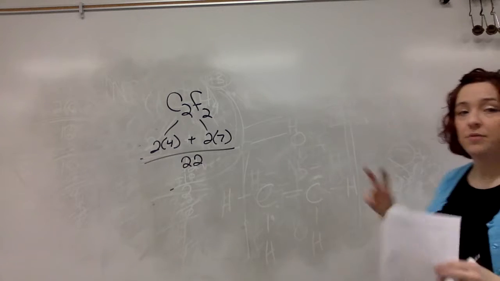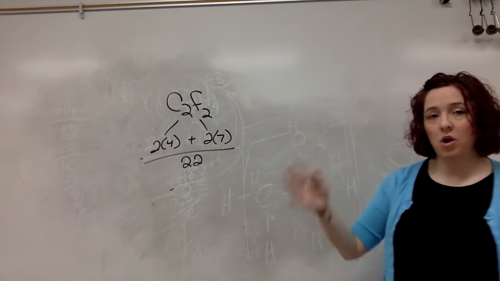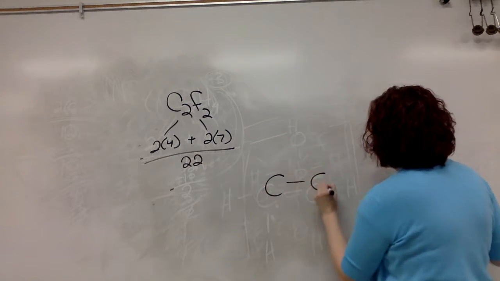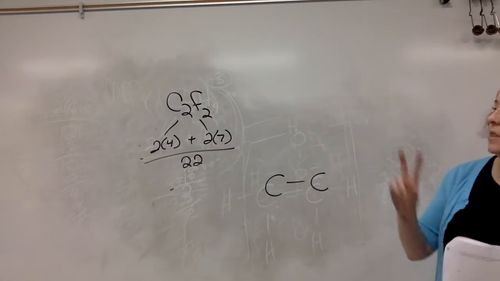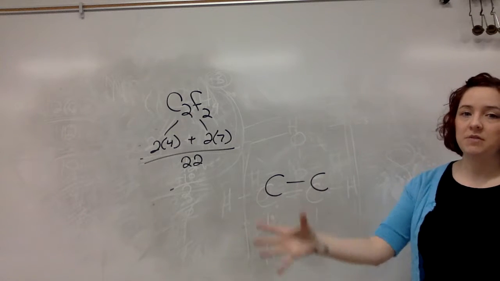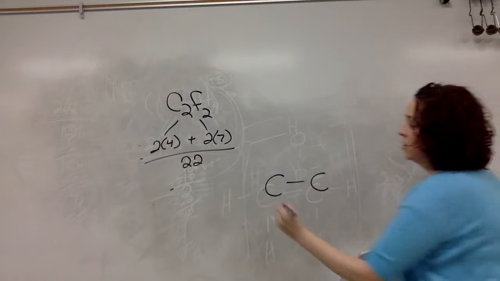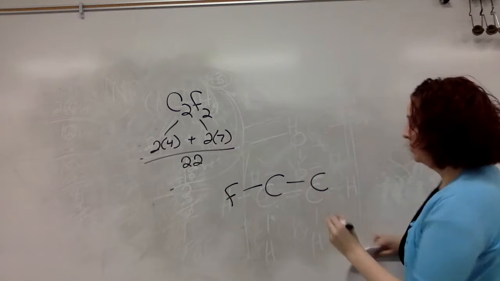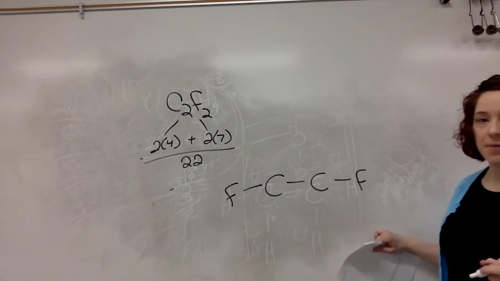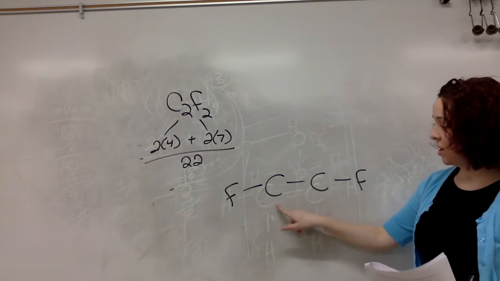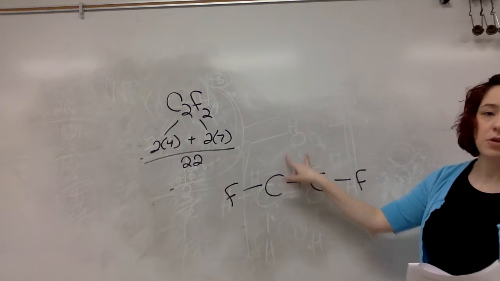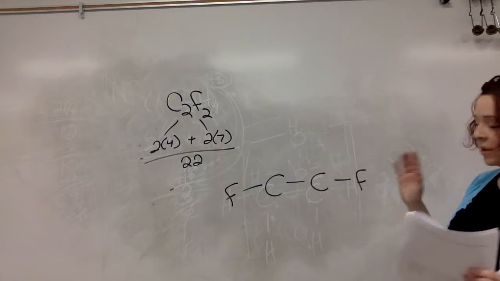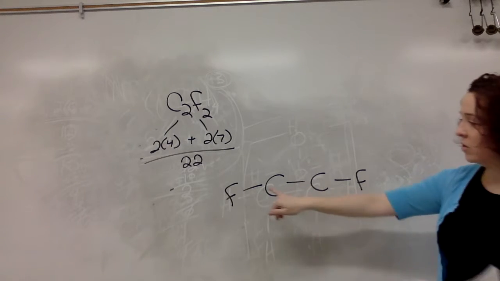Okay, so again, you have 2 carbons and 2 fluorines. Carbon, again, we're going to hook those together first. Those are our central atoms. And then we have 2 fluorines. Remember, they like to be evenly distributed between the 2 carbons. So we're going to do 1 fluorine on the left and 1 fluorine on the right. And you can make the fluorines go off the bottom, or you can make the fluorines go off the top. It doesn't matter.